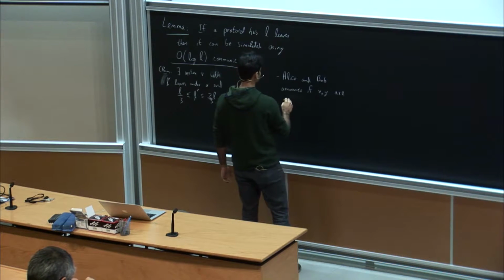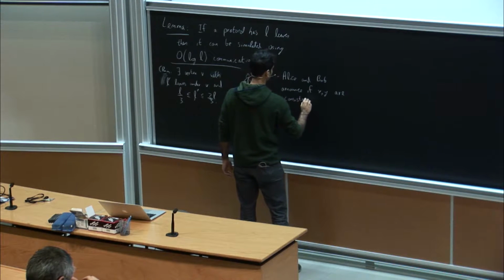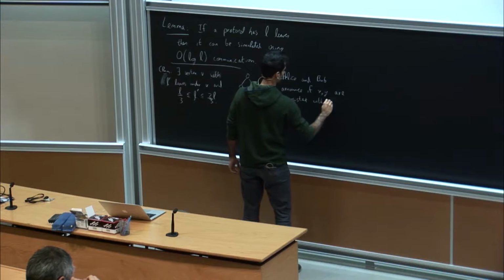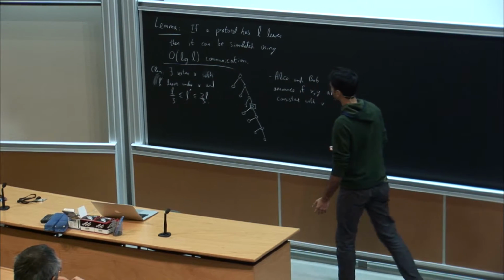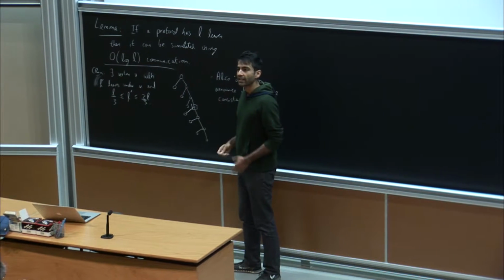So their inputs are x and y, and they announce if these are consistent with V. Meaning, if they had run this protocol, would they have reached this V? And that's something they can check together.